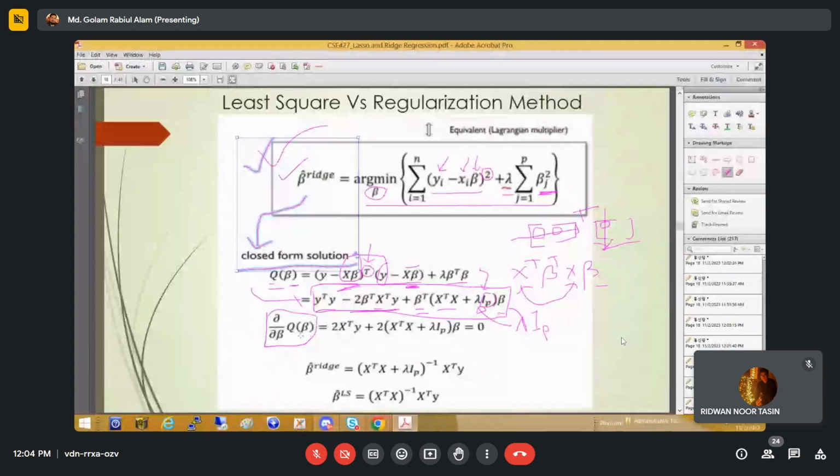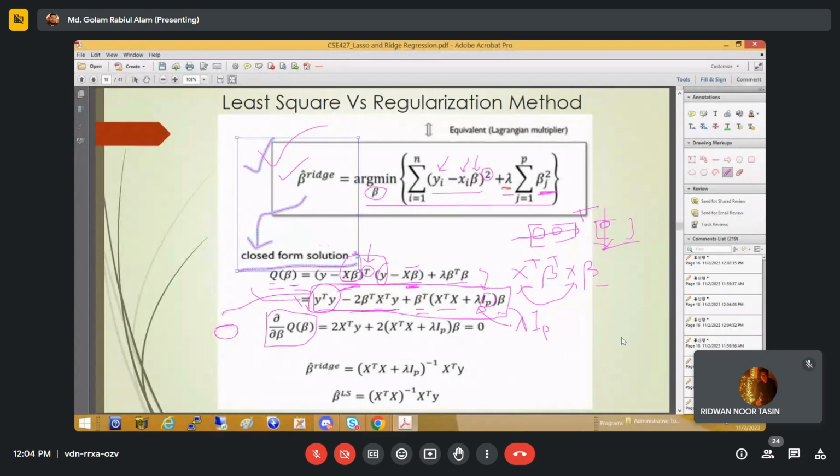If we do the derivative of this equation, what will we get? We are taking the derivative with respect to β. So y transpose y will be just a constant, so it will be 0. This part will be 0.